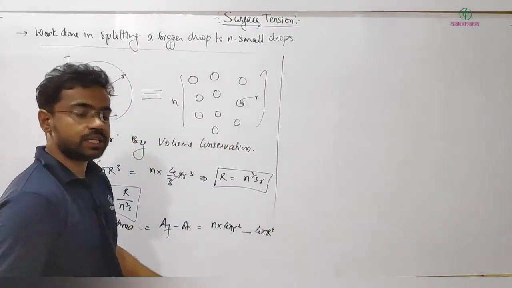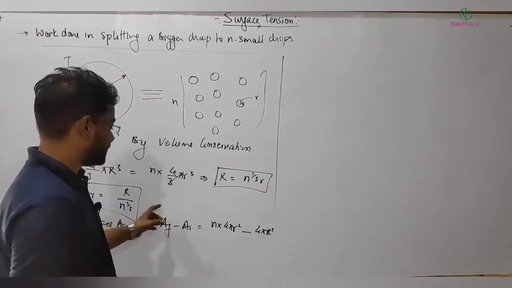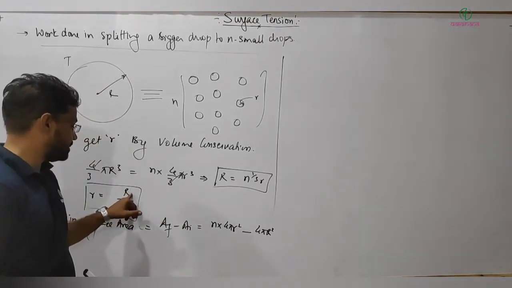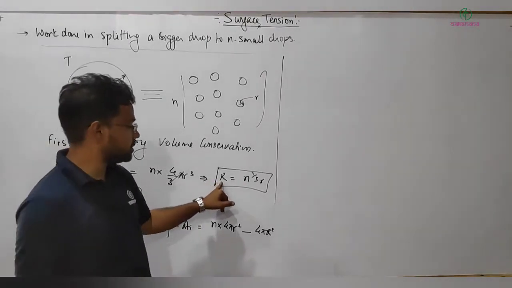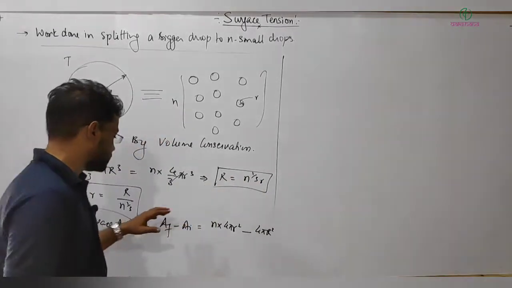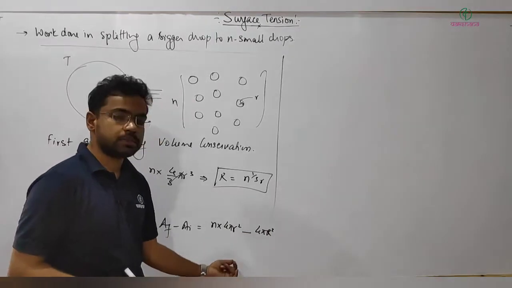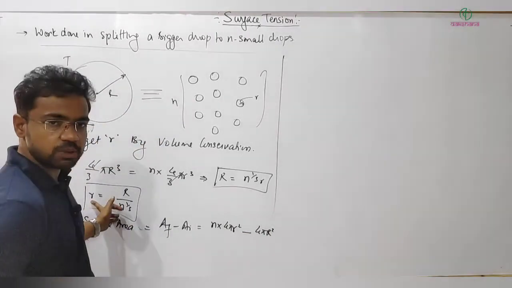So this is the change in surface area. We can get the relation in terms of small r or capital R, either one. If you want to substitute capital R in terms of small r, then you can substitute capital R equal to this. If you want the final expression in terms of capital R, then we will substitute small r.